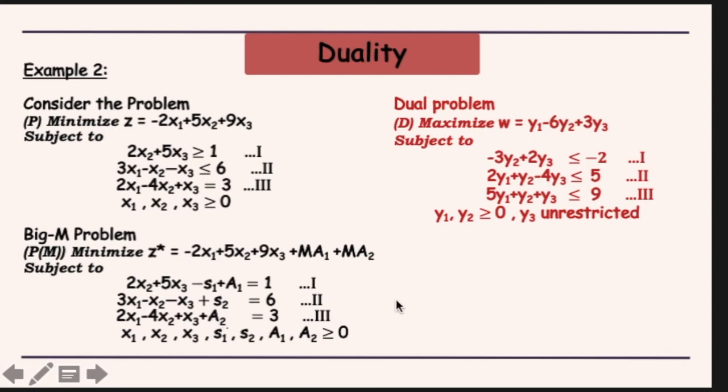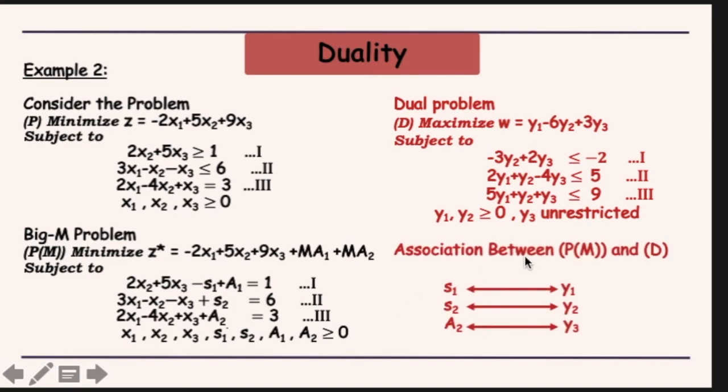So now let us see also the association between the primal and the dual. Now since the first variable here in the dual corresponds to the first constraint of the primal, and in the primal the variable which is present here is s1. So s1 is associated with y1. Now the second dual variable y2 is associated with the second constraint. In the second constraint we have this slack variable s2.